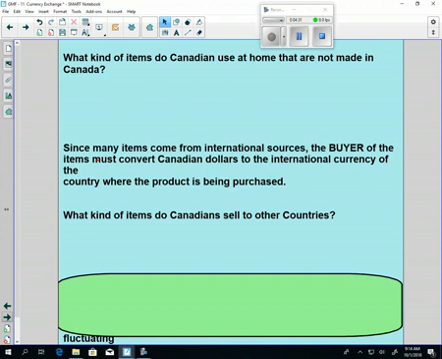They have a lot of our technology, a lot of the computers and stuff, but they're not made here. They're made over in Japan, or in Germany, or in Korea. When they buy them, they have to pay in their money. They can't give them Canadian dollars. So they'll pay the Japanese in Japanese money for those televisions, for those computers.